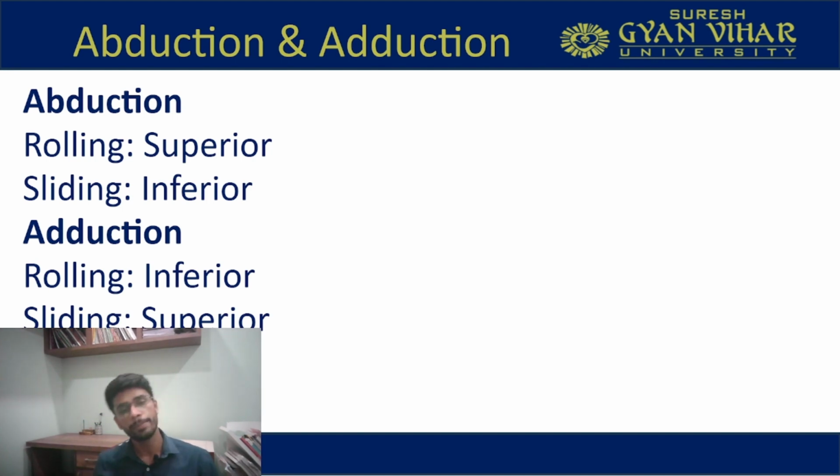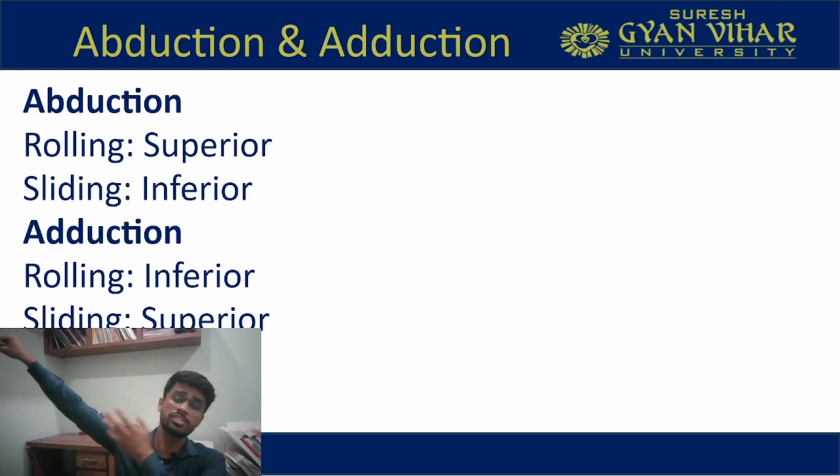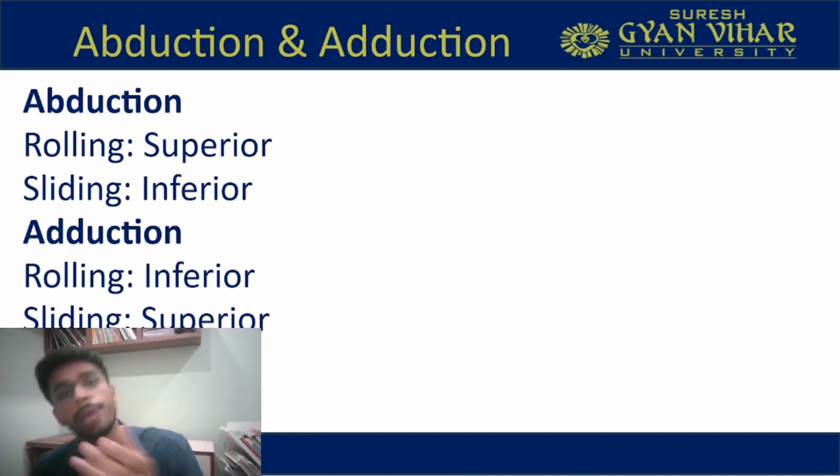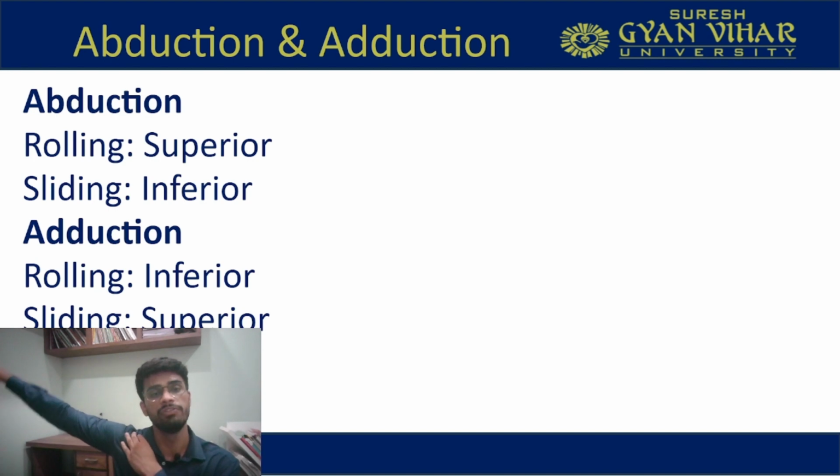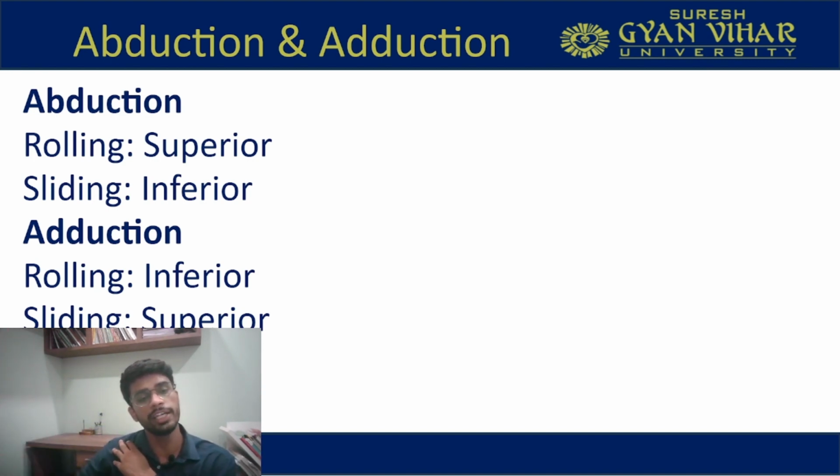So when abduction is happening, or your humerus is going in an upward direction, which means rolling is occurring superiorly, and as the moving surface is convex, sliding will be happening in the opposite direction. So sliding will happen inferiorly because rolling is superior. In the same way, rolling will be inferior and sliding will be superior in adduction movement.